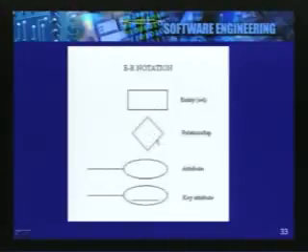Now these are basically notations for entity set and the relationship set. An attribute is written down in a small circle which is generally connected either to an entity or to a relationship, because attributes don't exist independently, they are associated with entity or relationship, and the key attribute may be underlined.